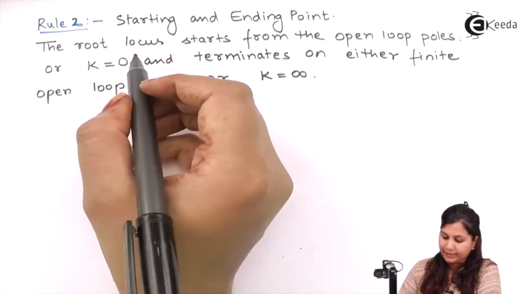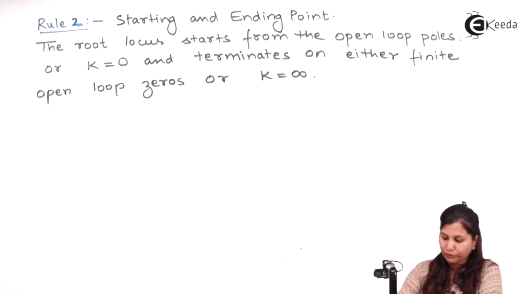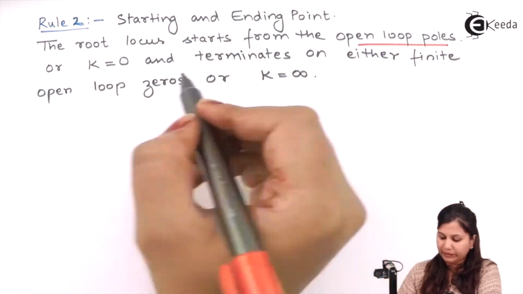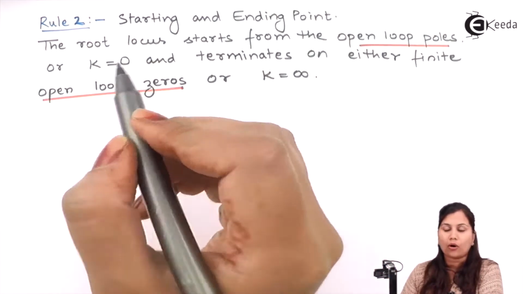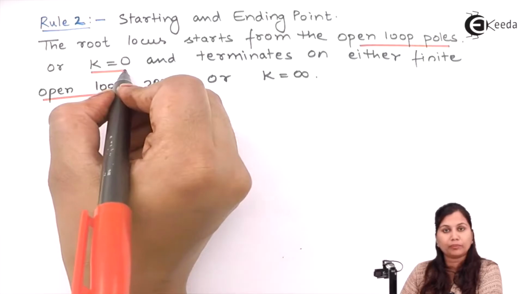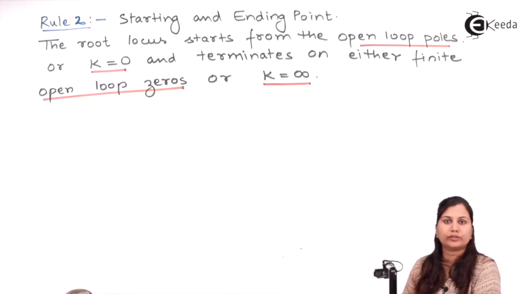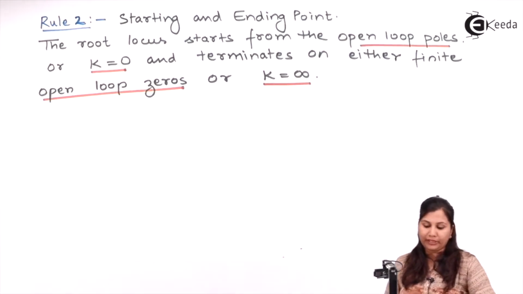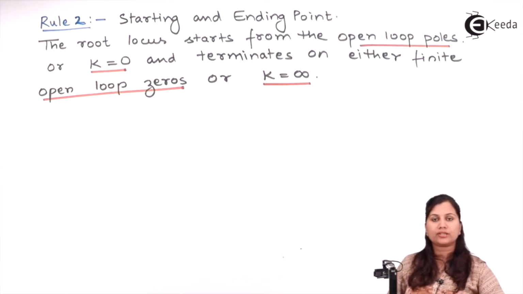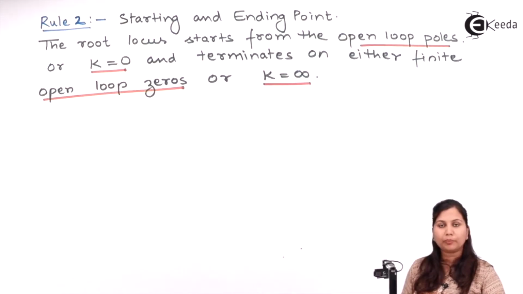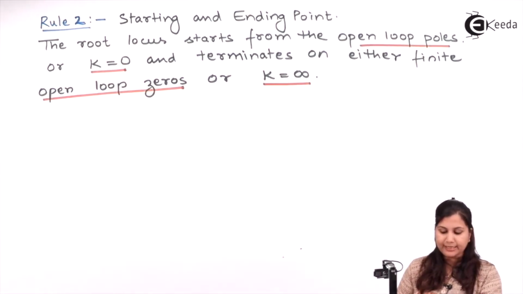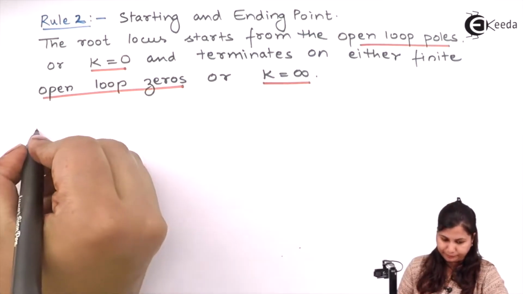That is, it starts from an open loop pole and terminates at open loop zeros, or we can say that it starts from the k equals 0 point and terminates at k equals infinity. So whenever we are plotting the root locus, just remember that it will start from a pole and terminate at a zero. Next is rule number 3.